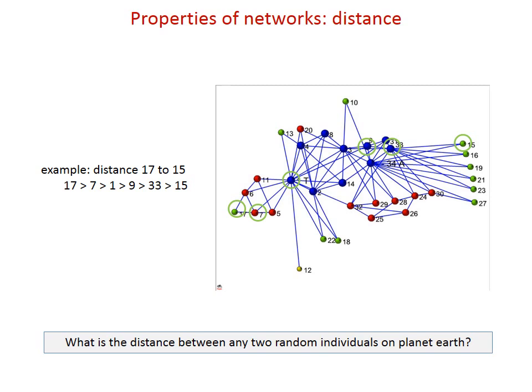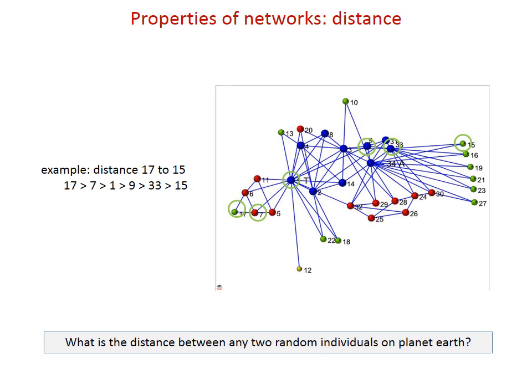Another important concept in social networks is the idea of distance. The idea of distance is basically how easy or difficult it is to connect two different nodes in a network. Let's say node 17 and node 7 have a distance of 1 because there's just one link between them.